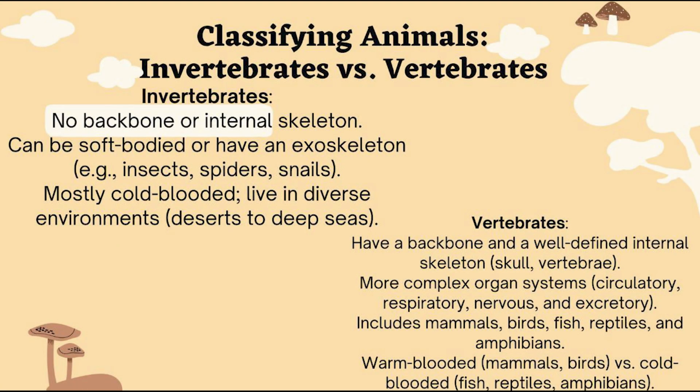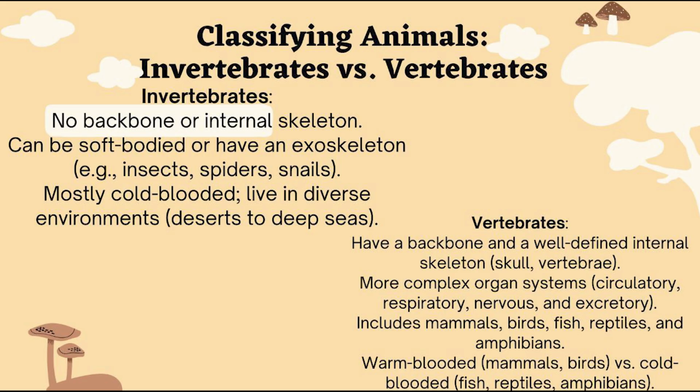Classifying animals: invertebrates versus vertebrates. Let's break down animal classification into two main groups. Here we have invertebrates, which don't have a backbone and can be soft-bodied or protected by an exoskeleton, like insects and spiders.